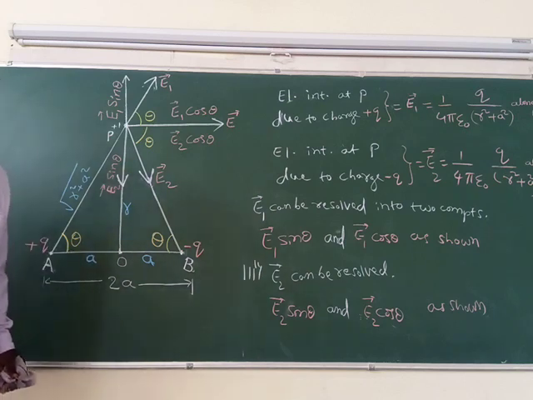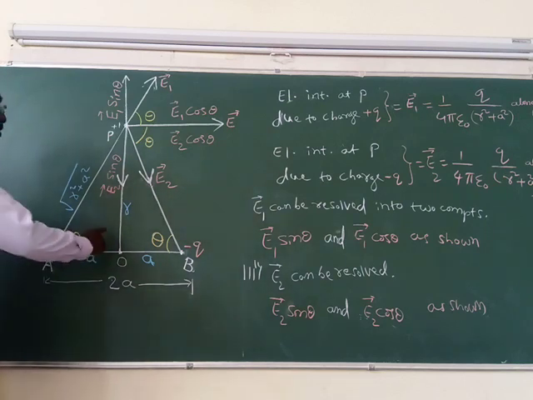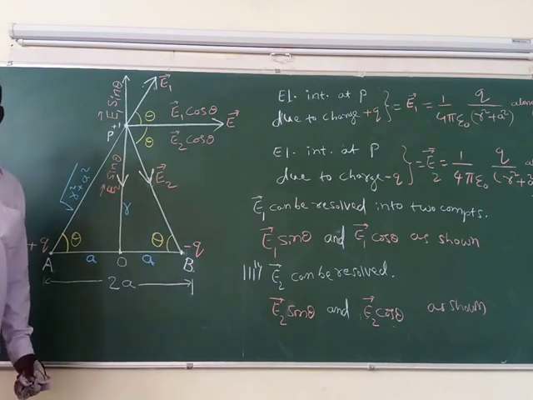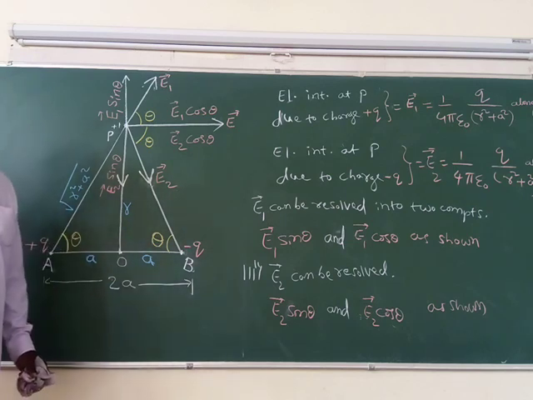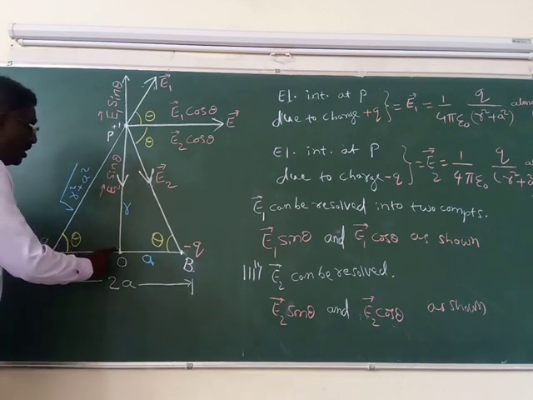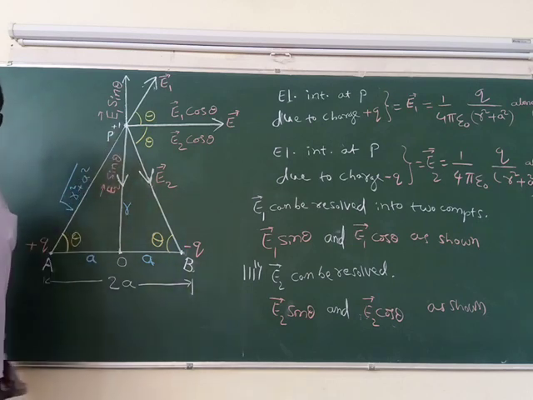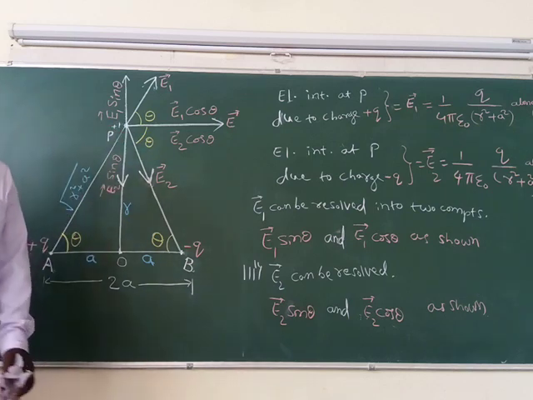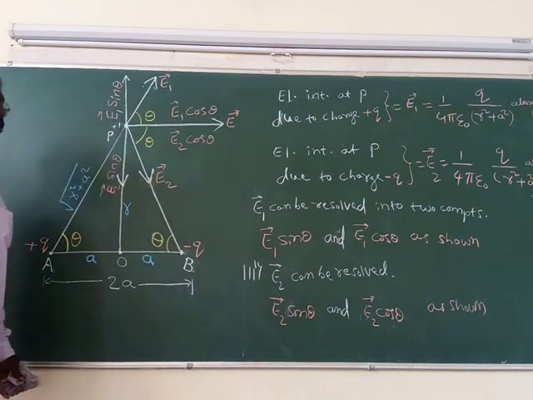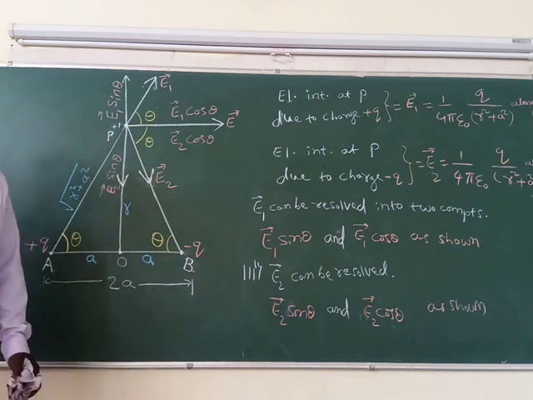O. O is the midpoint of dipole length. OP is perpendicular bisector of dipole length. The distance between O and P is r. Imagine unit positive charge at P.